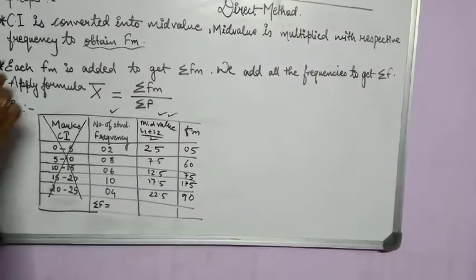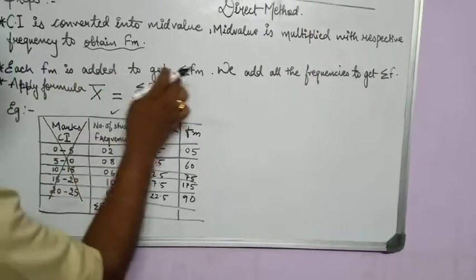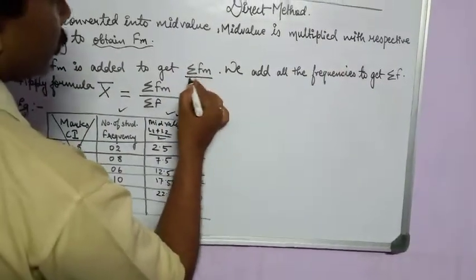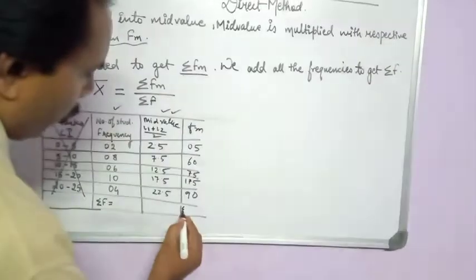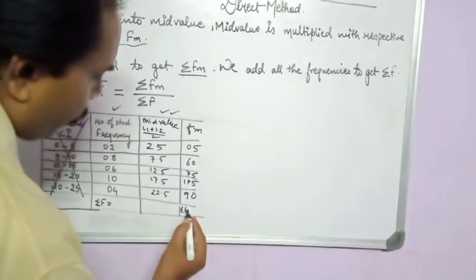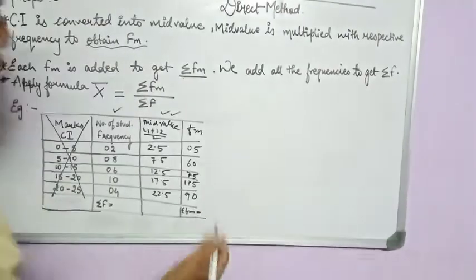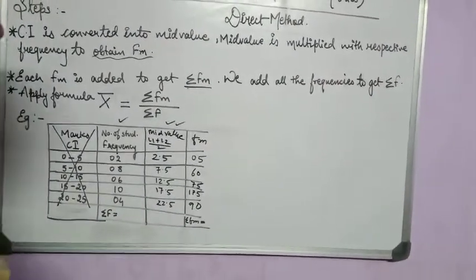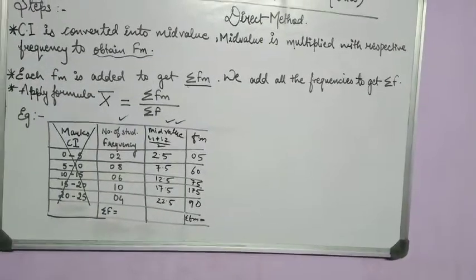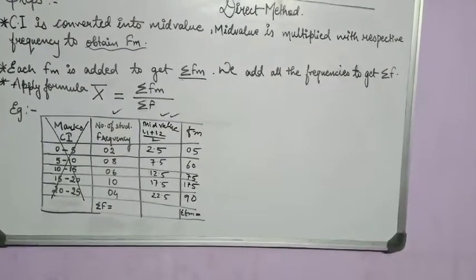Now each fm is added to get the sum of fm. So the sum of fm is equal to 5 plus 60 plus 75 plus 175 plus 90.